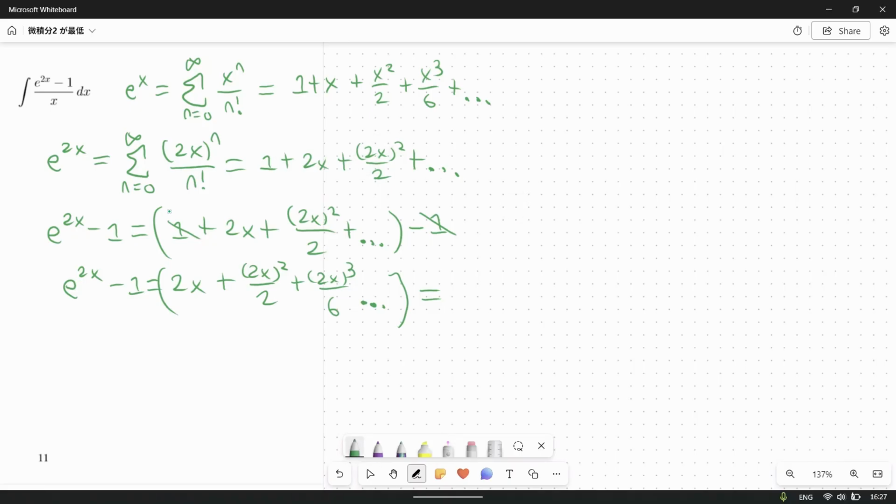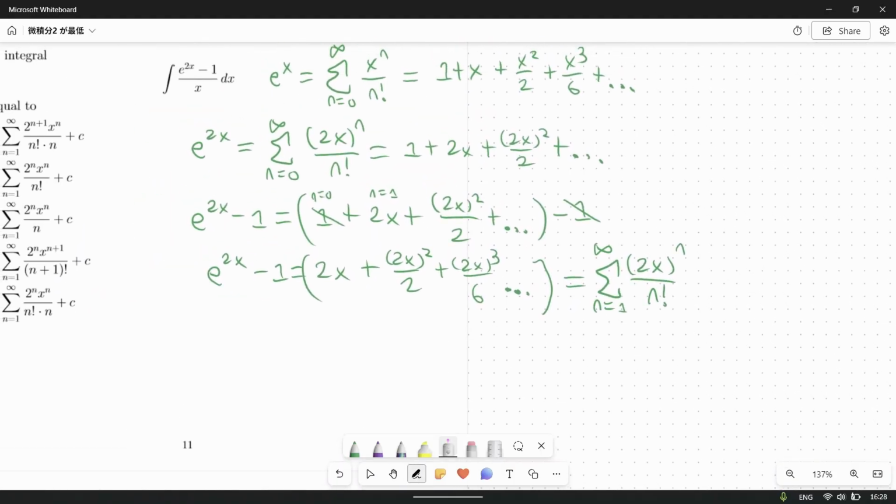So this would be n is equal to 0, and then this would be n is equal to 1. And it's going to be the same form like this, because e to the x minus 1 is still just equal to this case, except we started one term later instead.